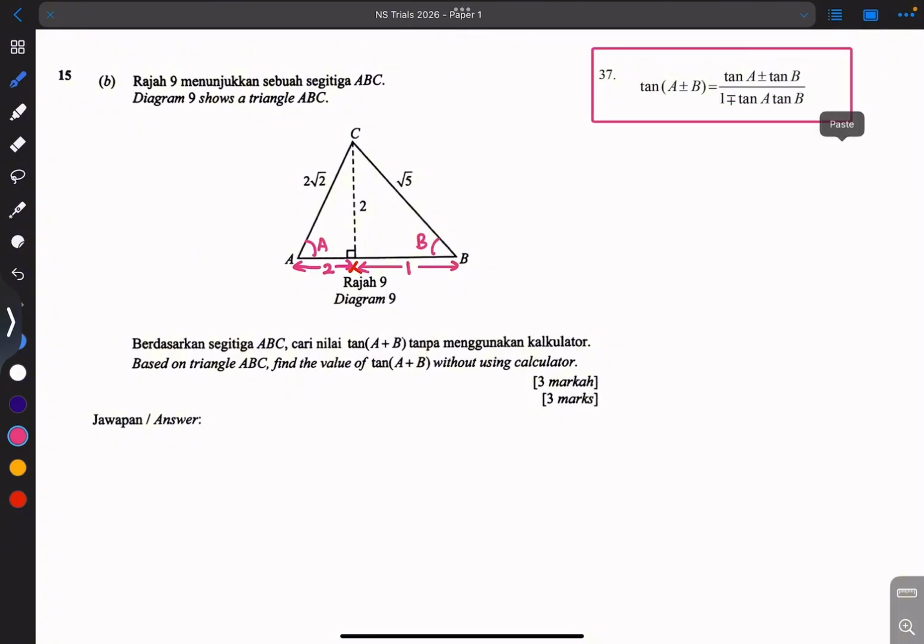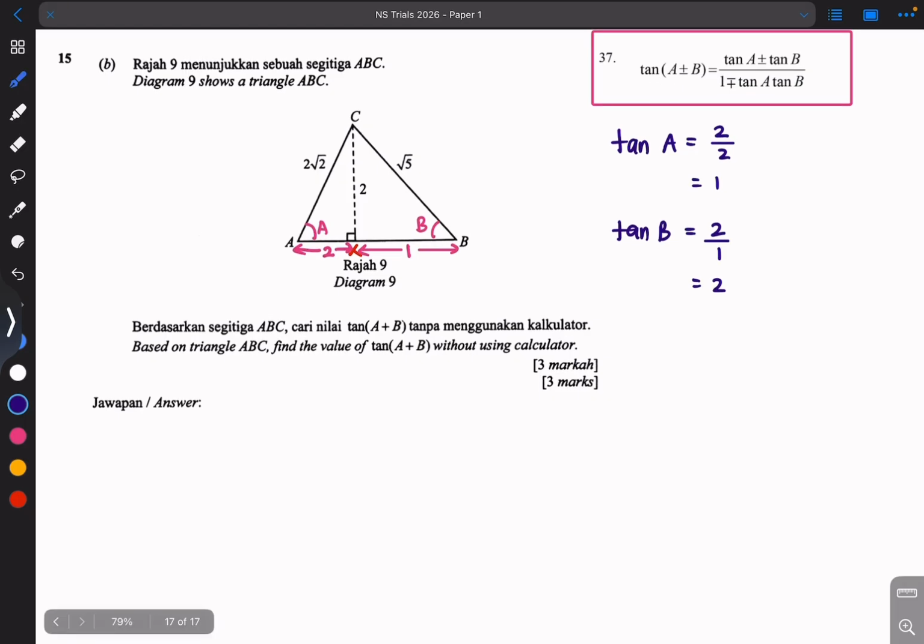First, we figure out what tangent A is. Tangent A would be opposite over adjacent. Our opposite is 2, adjacent is also 2, so 2 over 2, which is 1. And then tangent B will also be opposite over adjacent, so 2 over 1, which is 2.